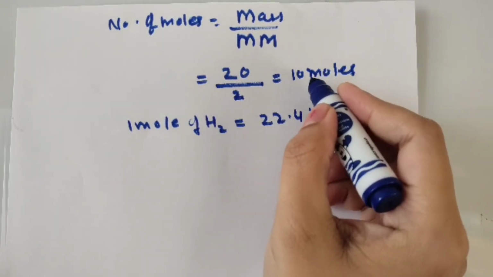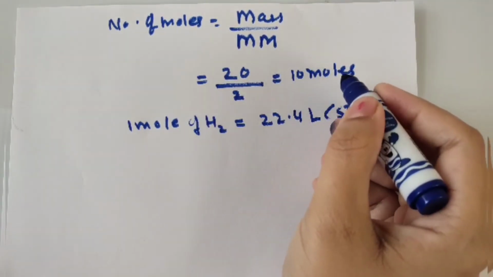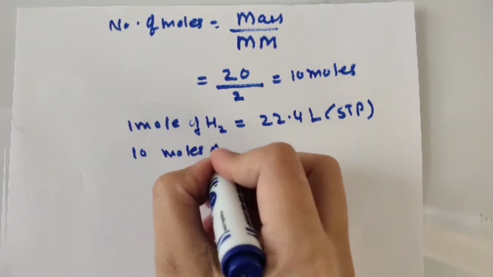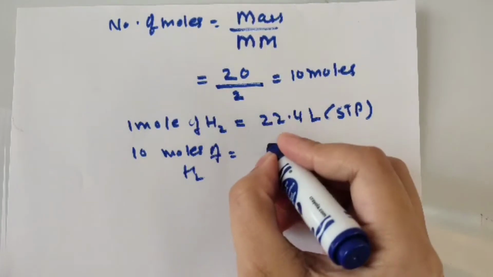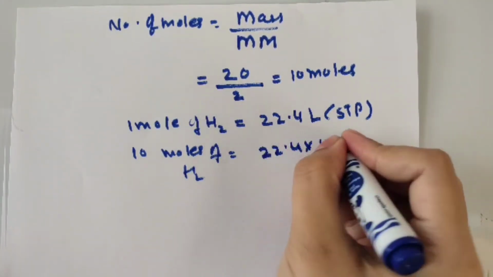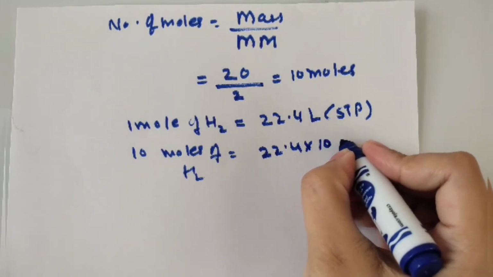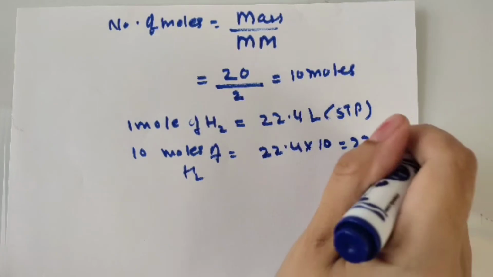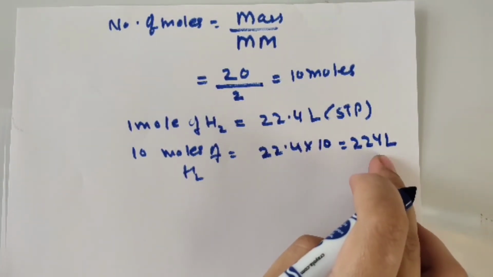So we have calculated there are 10 moles. So in 10 moles of H2, there will be 22.4 into 10, which comes out to be 224 liter in volume.